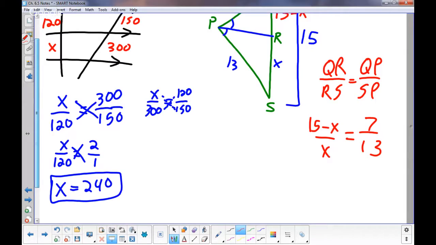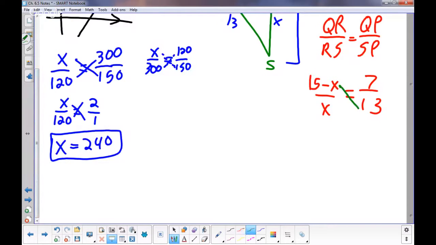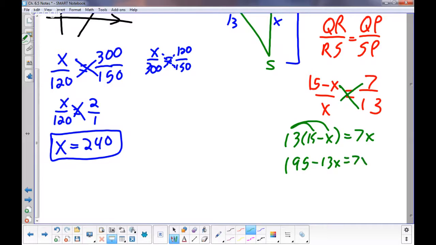So now we do what we've done before, solve a proportion, we're going to cross multiply. And so we get 13 times 15 minus x is equal to 7x. Distribute the 13, I'm going to get 195 minus 13x equals 7x. I'm going to add 13x to both sides. And I get 195 equals 20x.